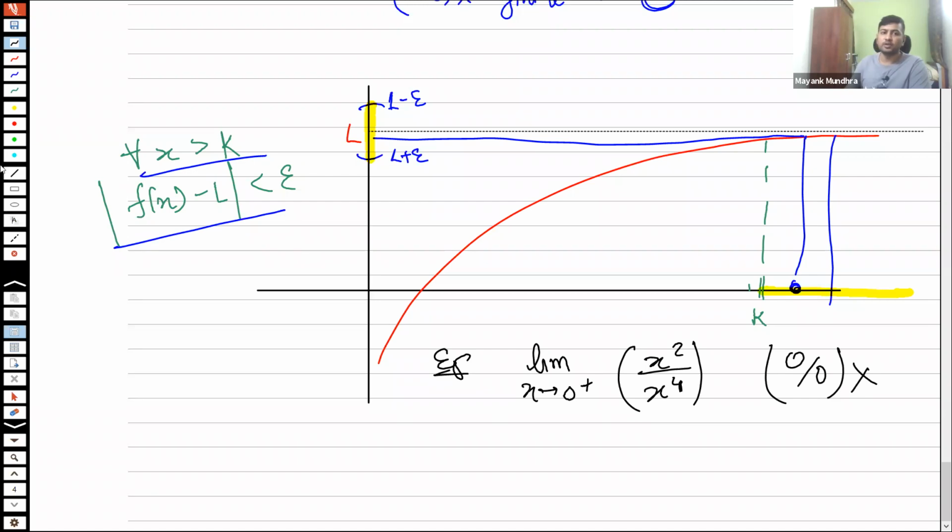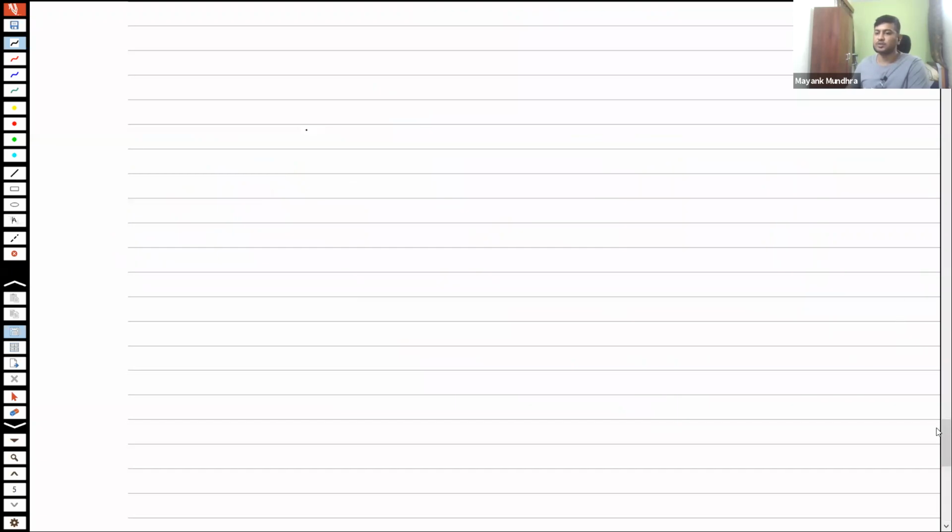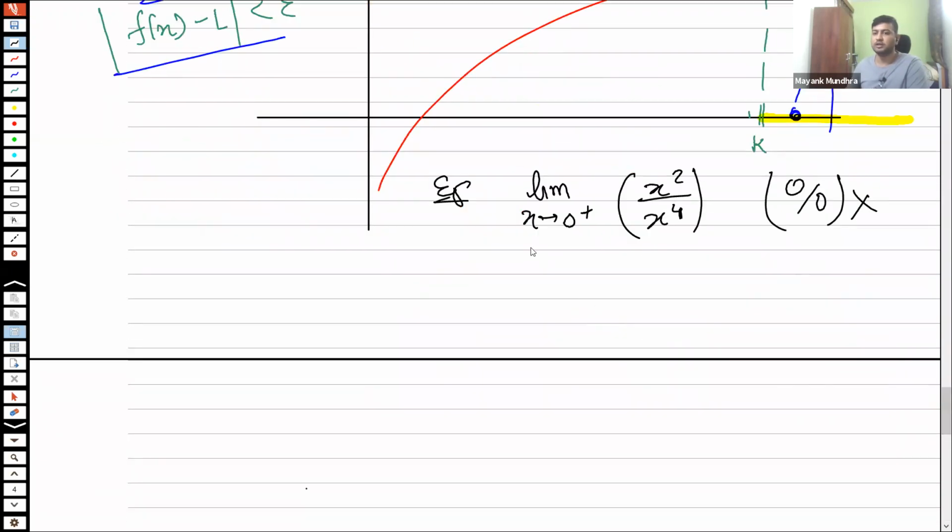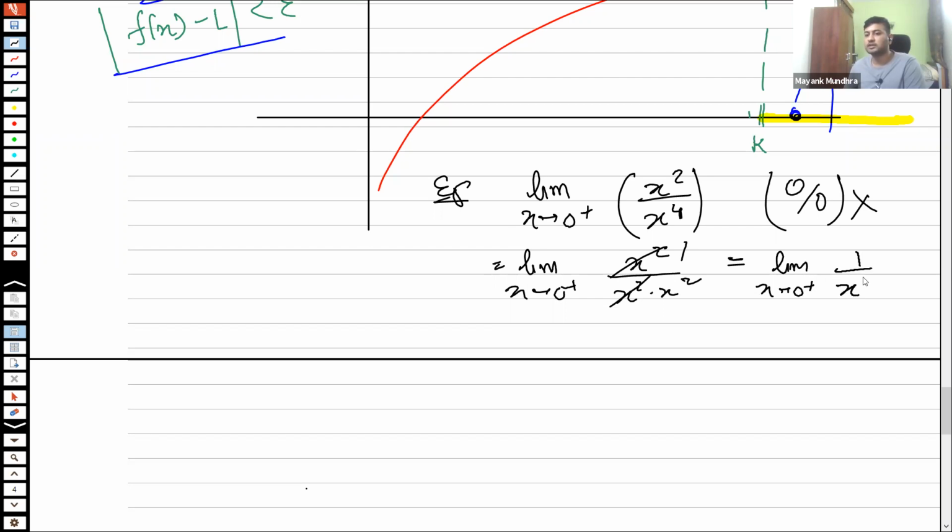I need to do some algebra on it. I can cancel x square on both the numerator and the denominator. So this is equal to limit x tending to 0 plus x square upon x square into x square. This cancels with 1, so this becomes limit x tending to 0 plus 1 by x square, which is basically positive infinity.